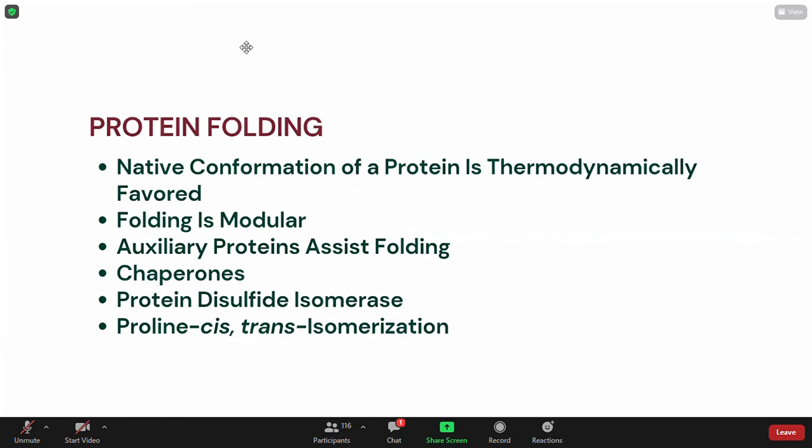Protein folding. Important here is this, what are chaperones? Aside from proteins assisting in folding, chaperone proteins are the major ones assisting in the folding of the protein.